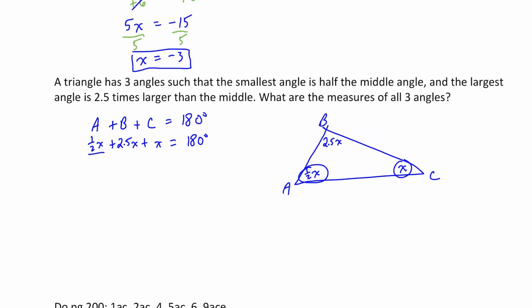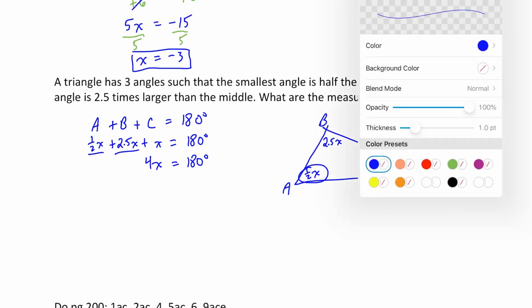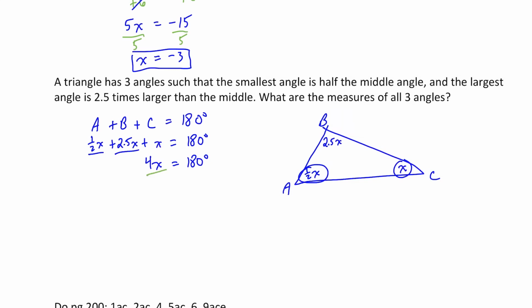Well, a half plus 2.5 is equal to 3, and then 3 plus another x would be 4. So now we have 4x is equal to 180 degrees. If we divide all of these by the coefficient of the x, we divide by 4, then we get that x is equal to 45 degrees.